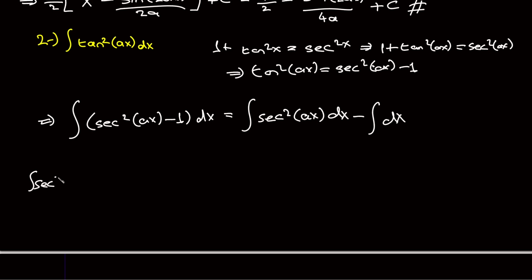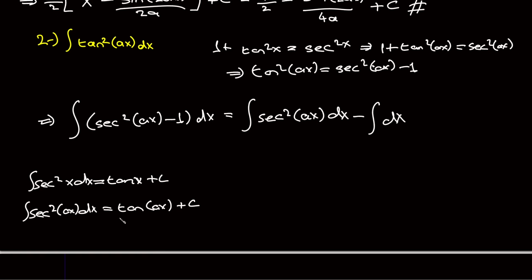Integral of secant squared x dx is equal to tan x plus c, because differentiating tan x gives me secant squared x. So therefore, integral of secant squared ax dx will be tangent of ax, plus c.